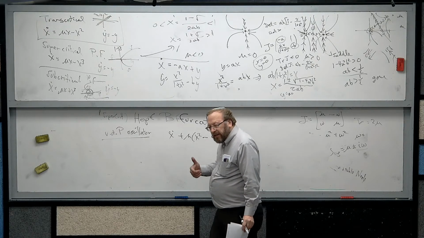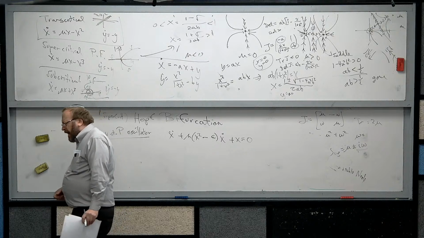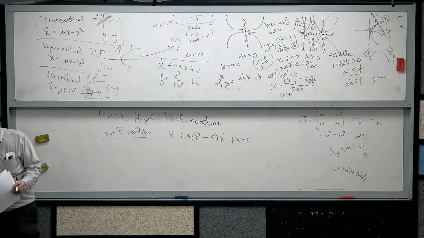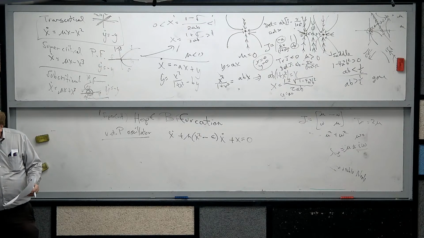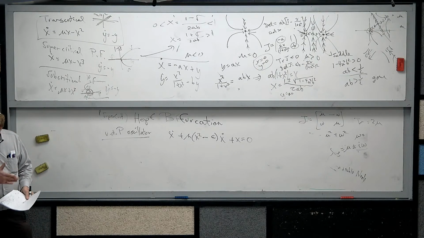The amount of gain depends on the amplitude, and there are lasers that work that way. When the amplitude is big, you get loss. That's why you have a lasing instability. And then at some point it's self-saturating.